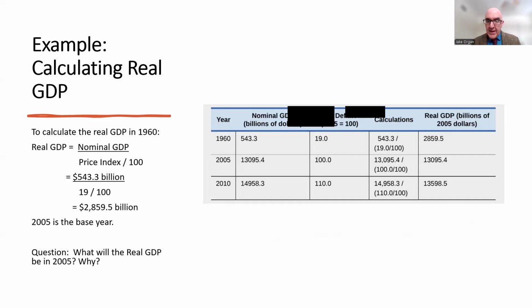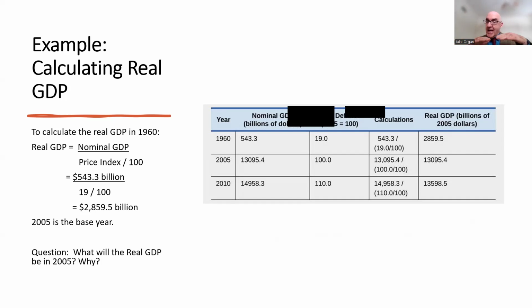If we wanted to turn 1960 into 2005 dollars, we'd have to put the nominal GDP, which was half a trillion, 543.3 billion, over 19 over 100. Then that will cause the real GDP to inflate, and that will go up to nearly 3 trillion.